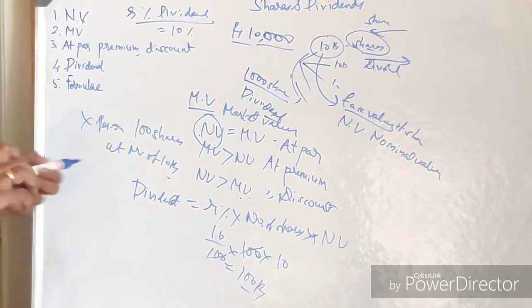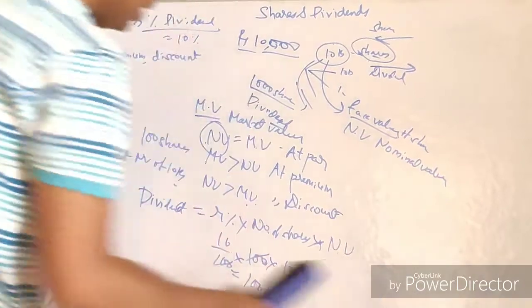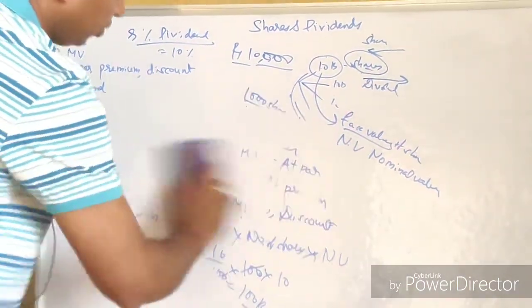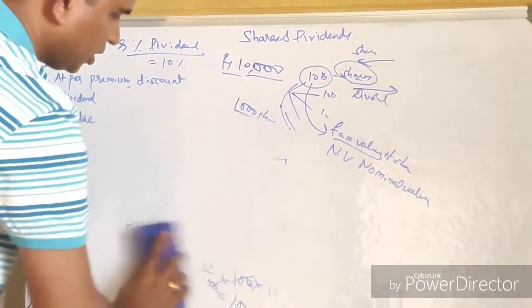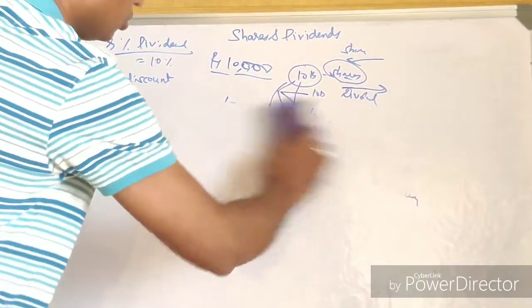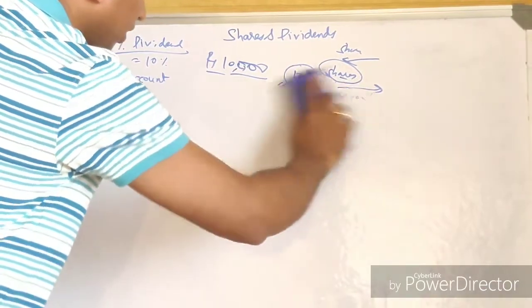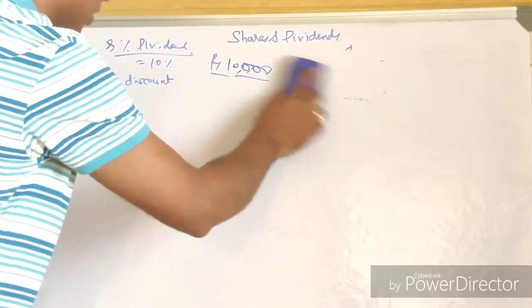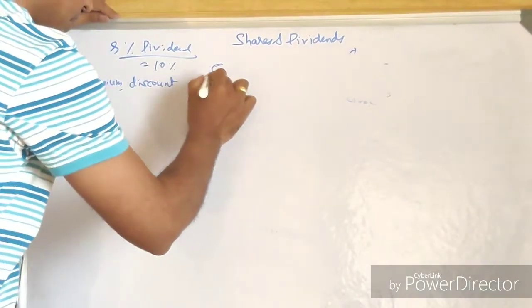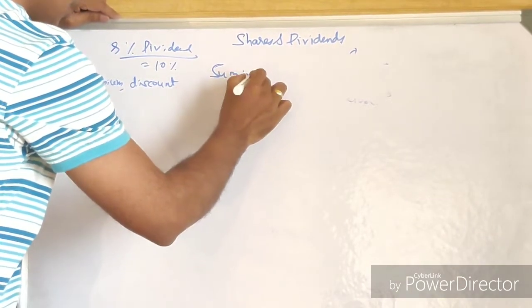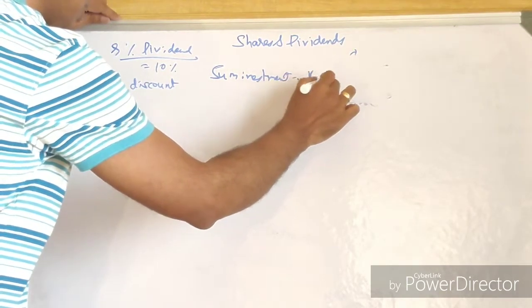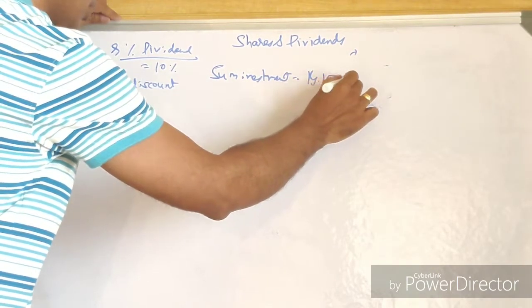Now let's try to understand the sum investment also, because when you buy shares by paying the MV, you have to get a number of shares. So how do you find that? Let's say the sum investment is equal to 10,000 rupees.